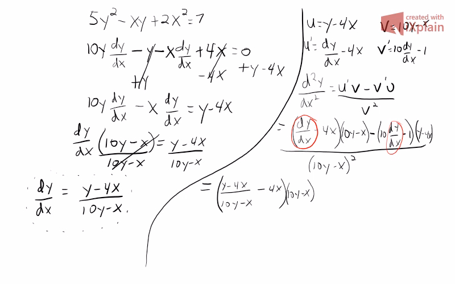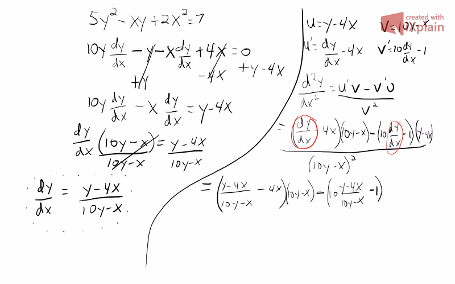Okay, and then our second term now, minus 10 times y minus 4x, putting this in for dy over dx, over 10y minus x. And then we still have our minus 1.